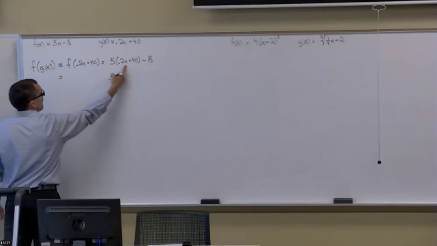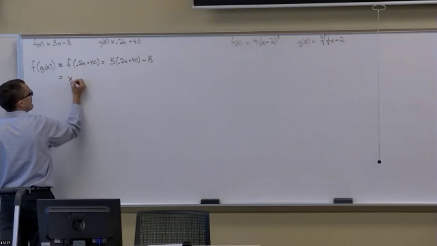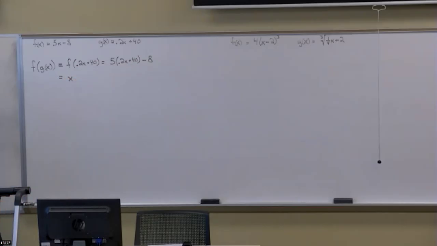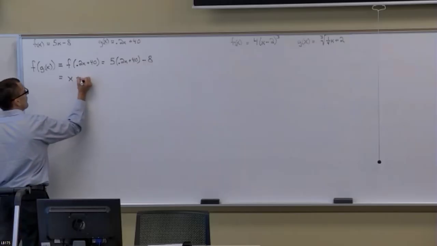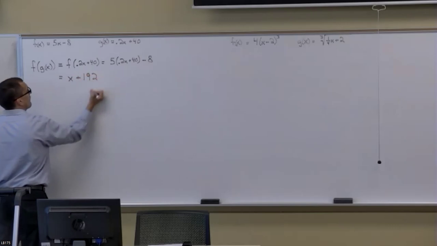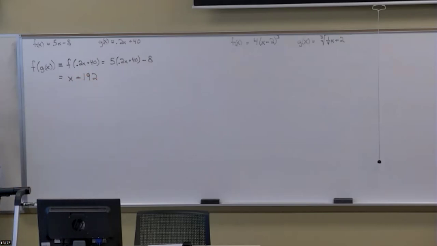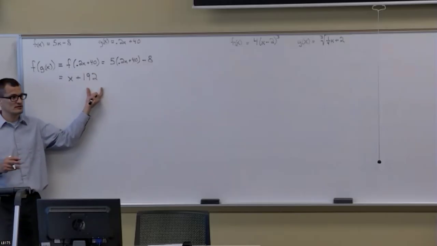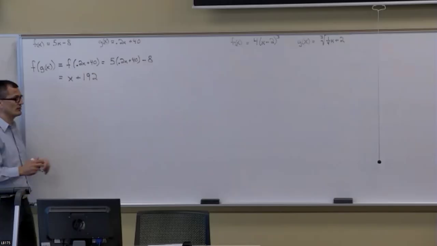That's going to give me 1x. That's nice. But then 40 times 5 is 200. Minus 8 is 192. So I get x plus 192. And this means g and f are not inverses, right? I just need the x. The plus 192 throws it off. And so these are not inverses.